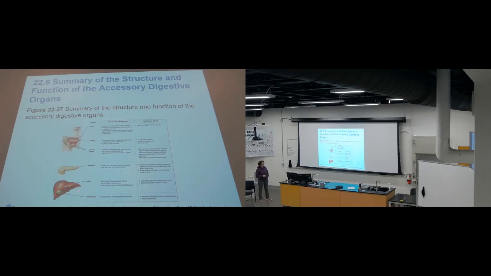Now, something that I forgot to mention about the liver in the histology is that we have some cells called the Kupffer cells. These cells are macrophages.